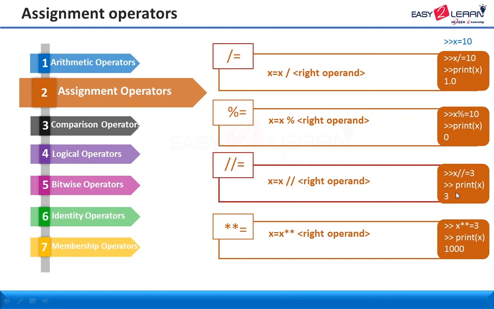If you use the float division, 10 float divided by 3, the actual value is 3 point something, and that will be rounded off to 3. If you use the exponent operator, x star star equal to 3, then 10 to the power of 3 is equal to 1000. So these are the various assignment operators: slash equal to, percentage equal to, float division equal to, and exponent equal to. Various operators we can use.